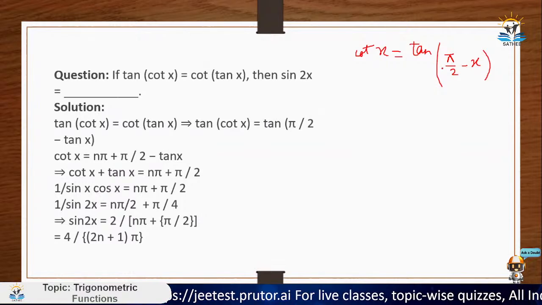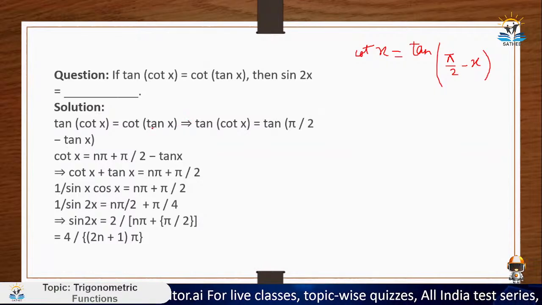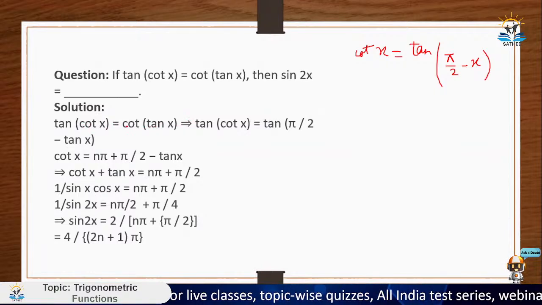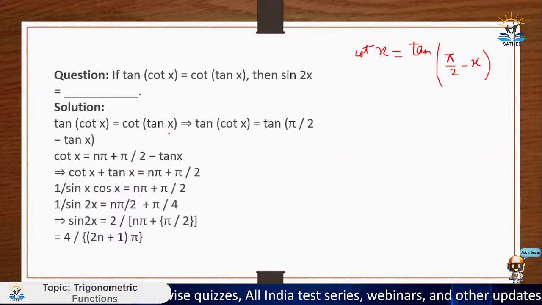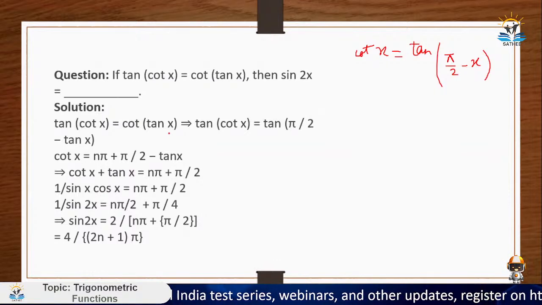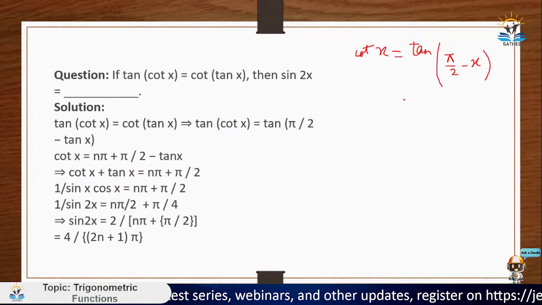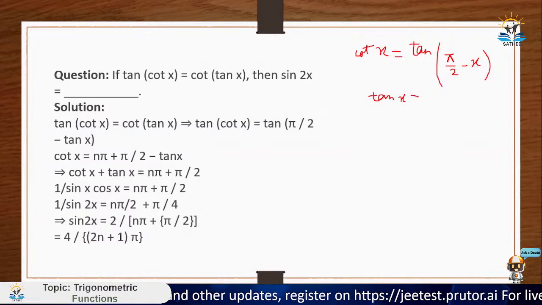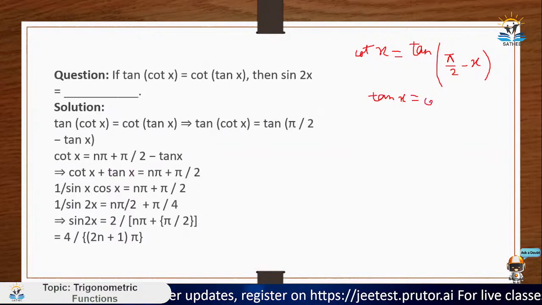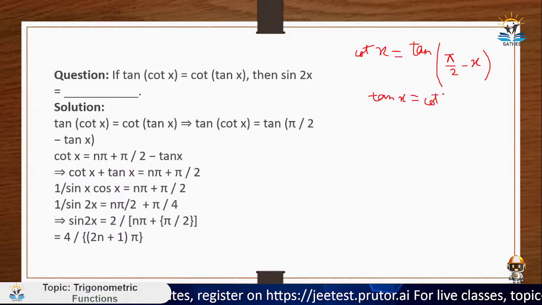Basically, I have told you there also. So I've just written it once again. So tan of cot x equal to cot of tan x. Let me write it here for tan: tan x is equal to cot of the same thing, pi by 2 minus x.